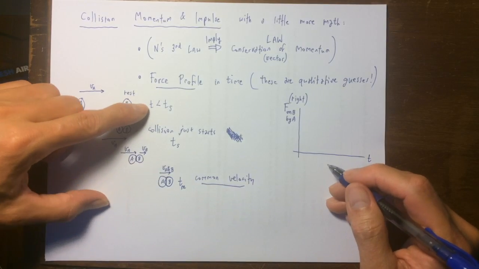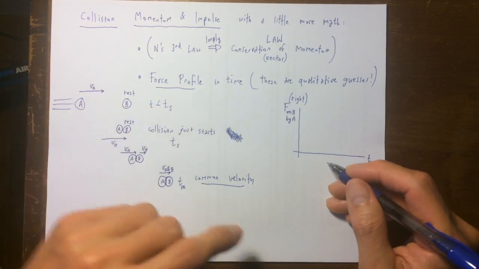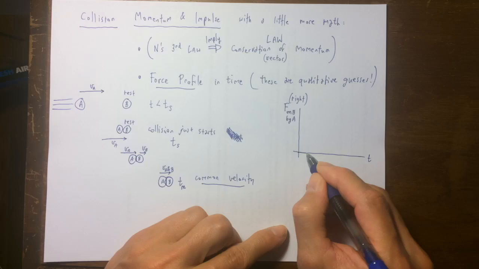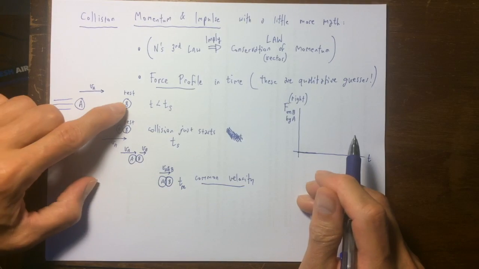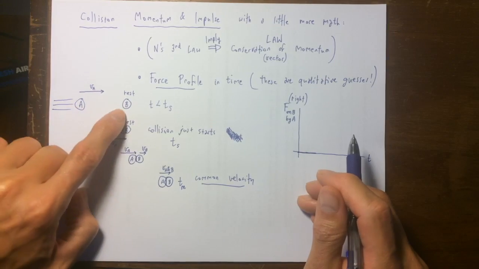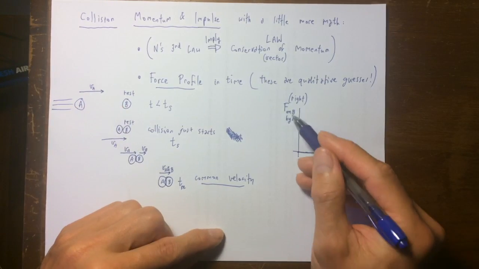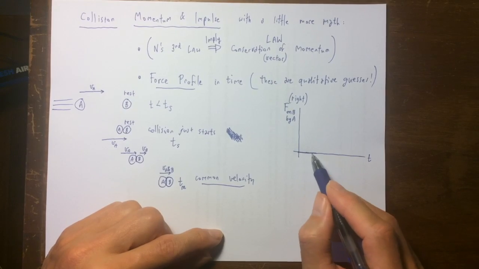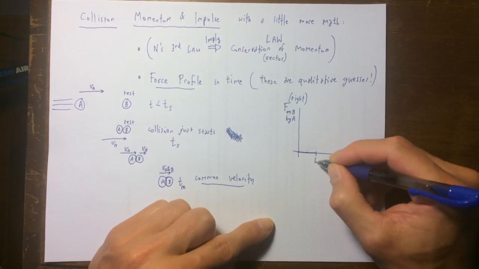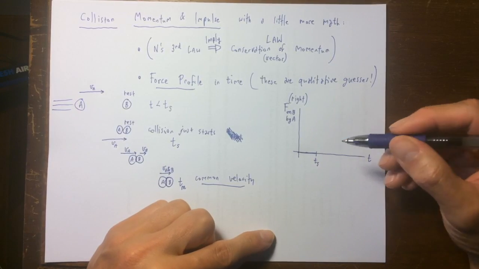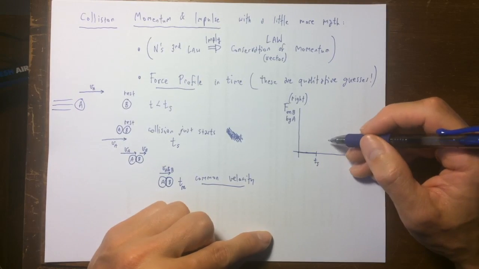So here, for times smaller than T sub s, the force is actually 0. The force on B by A before they are in contact is 0. But at T sub s, this is when the value of the force starts to grow, right?